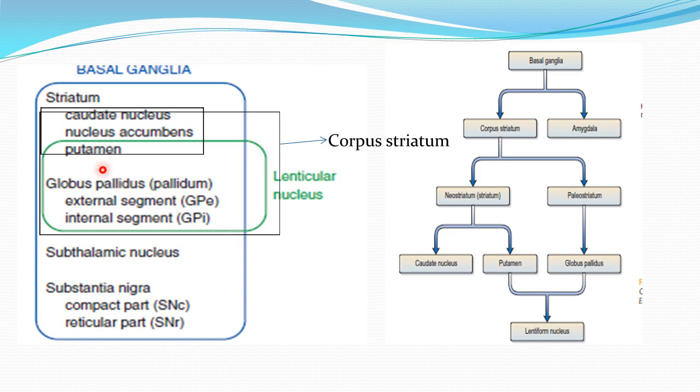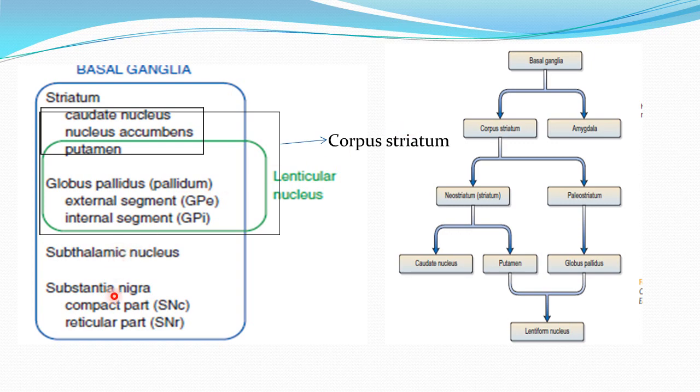The putamen and globus pallidus lie together like a biconvex lens, known as lenticular nucleus. Globus pallidus is again divided into an external segment that lies laterally and an internal segment that lies medially. These structures, caudate nucleus, nucleus accumbens, putamen and globus pallidus, are known as corpus striatum.